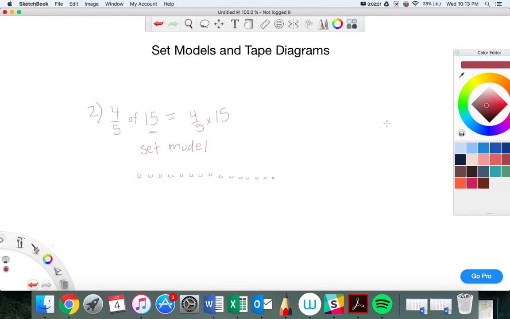Okay, and looking back, I know that my denominator is 5, so I'm going to take 15 and divide it into 5 equal pieces, which is going to give me 3. So I'm going to have 5 groups of 3.